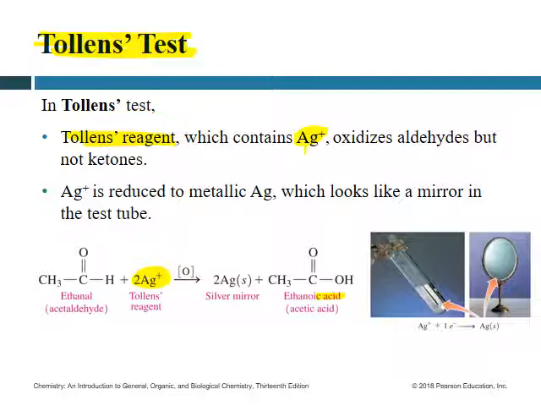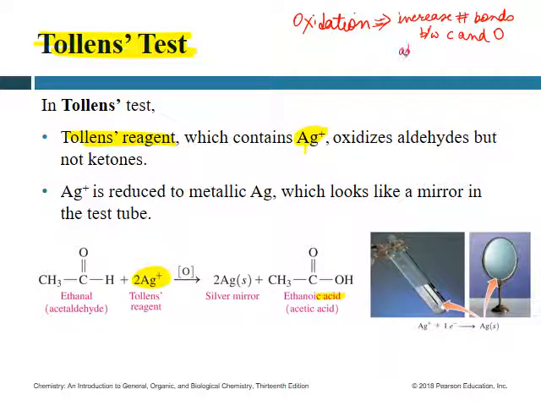If you remember, in organic chemistry the definition of oxidation is that we increase the number of bonds between carbon and oxygen. Either you increase the bonds, or addition of oxygen, or removal of hydrogen. All these are different definitions of oxidation in organic chemistry.